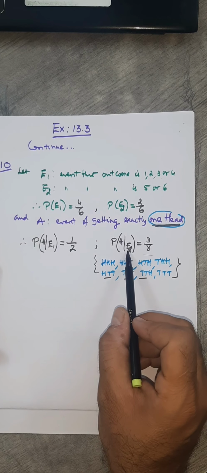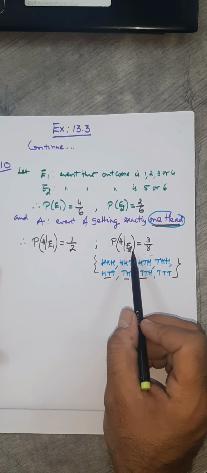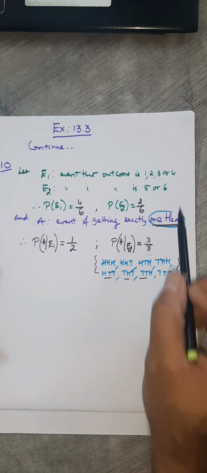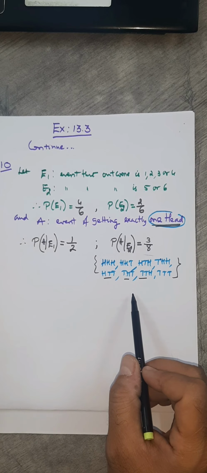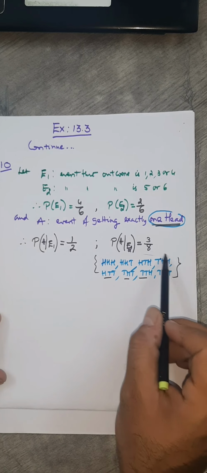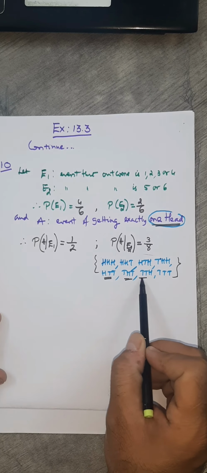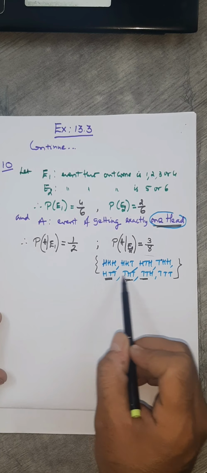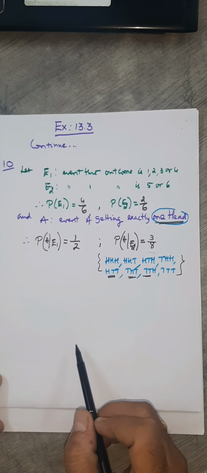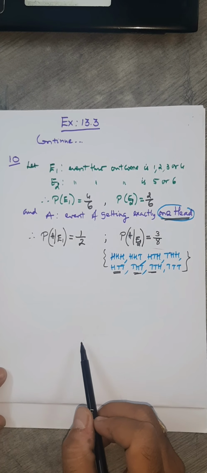I repeat this. Event E2 has already occurred. That means either the outcome is 5 or 6. Then we throw a coin 3 times. So these are the 8 outcomes. Among these 8, there are 3 outcomes where exactly 1 head is obtained. So we have 3 by 8. Fine? Okay.